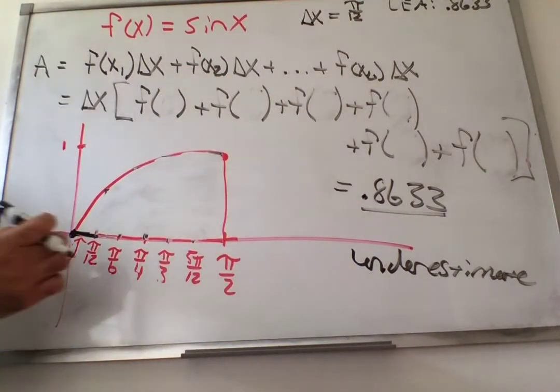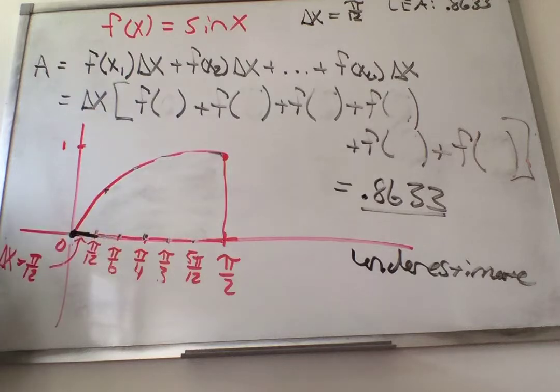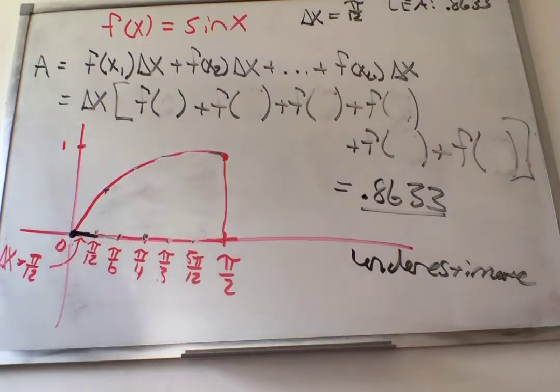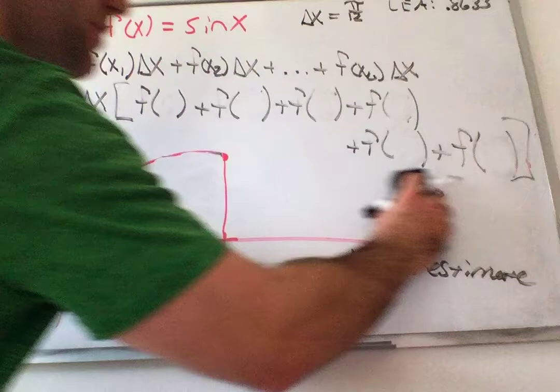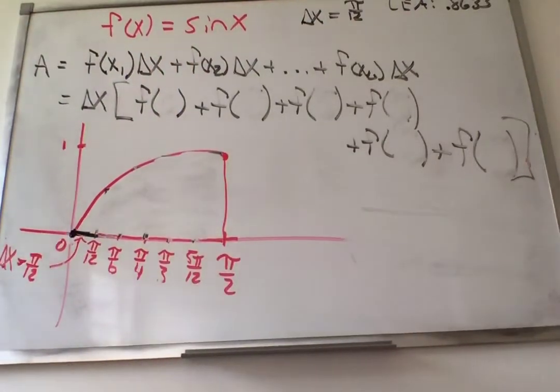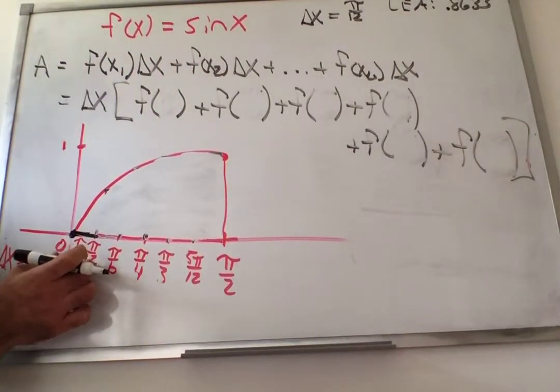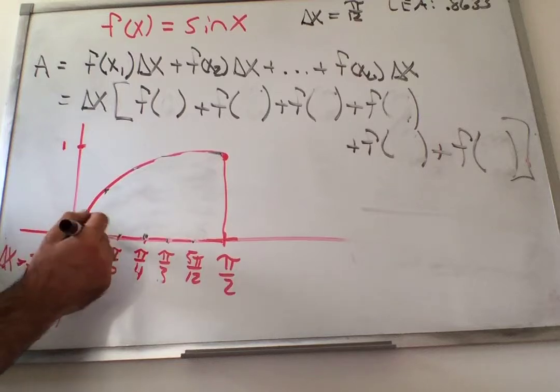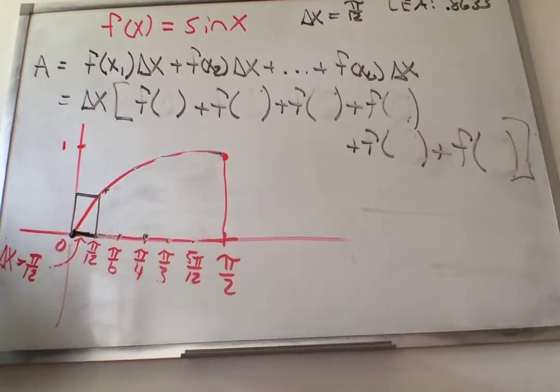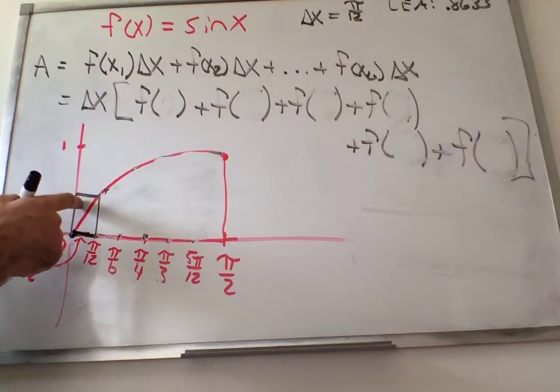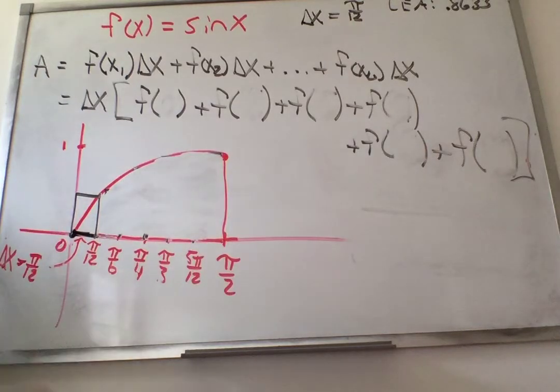So now when I'm looking at this interval and I want to do a right endpoint approximation, I'm going to choose the endpoint on the right and draw my rectangle like that. As you can see, we're counting area above the graph, so this is the overestimate.